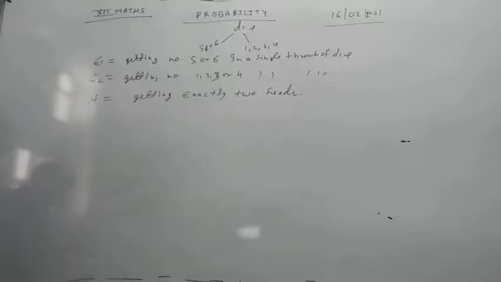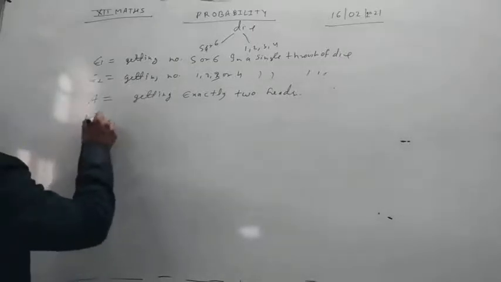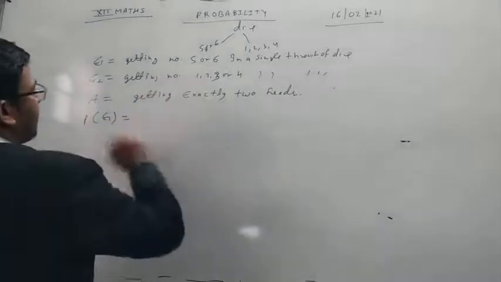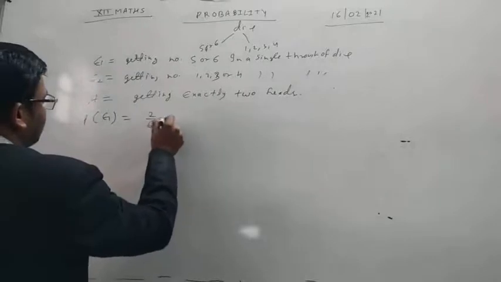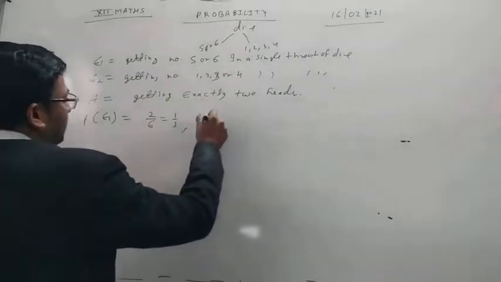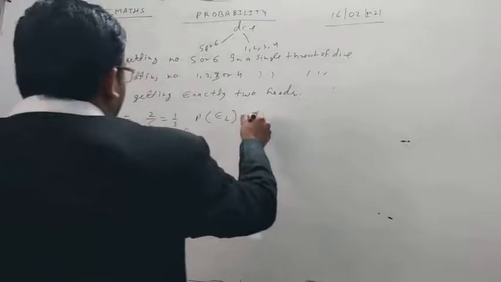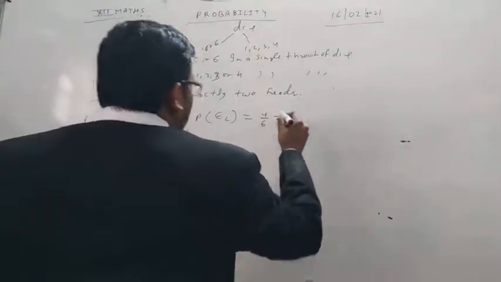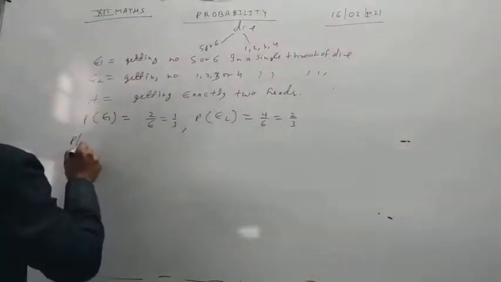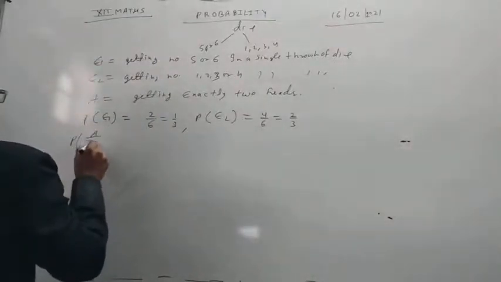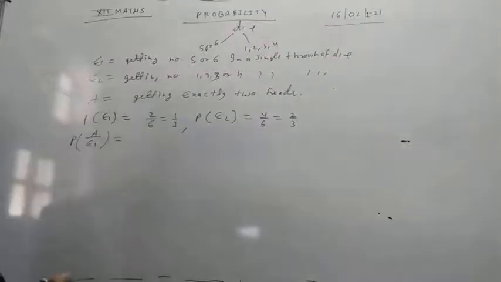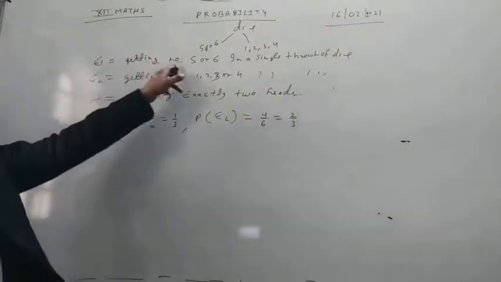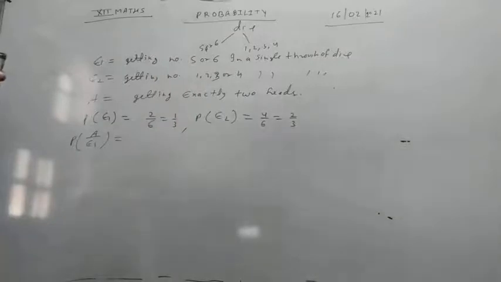Okay students, so the probability of E1, getting 5 or 6, is 2 by 6, that is 1 by 3. Probability of E2, students, is 1, 2, 3 or 4, so 4 by 6, that is 2 by 3. And students, now we look at the probability of A given E1, that is getting exactly 2 heads when getting number 5 or 6.